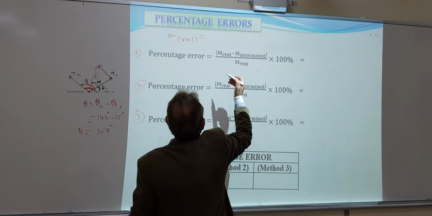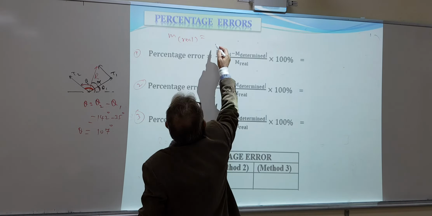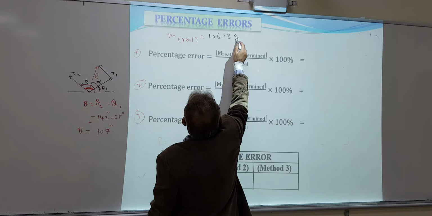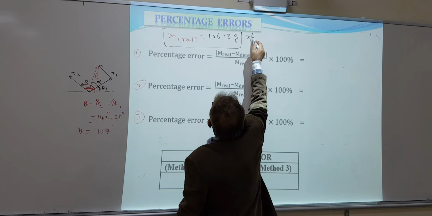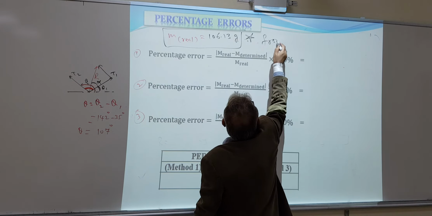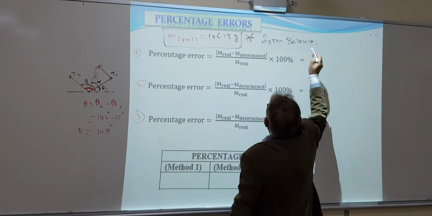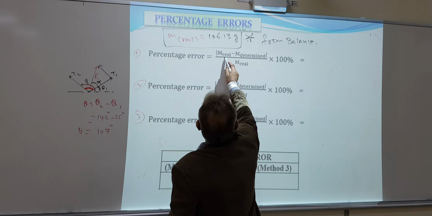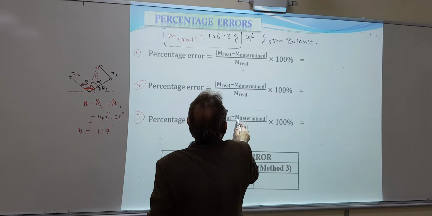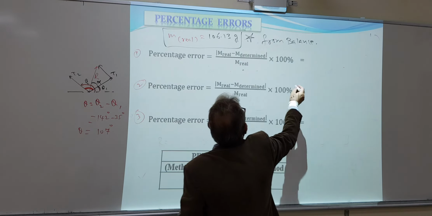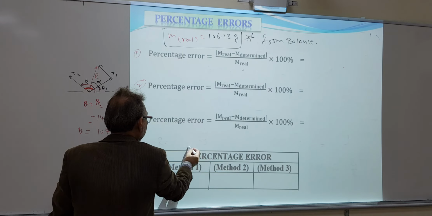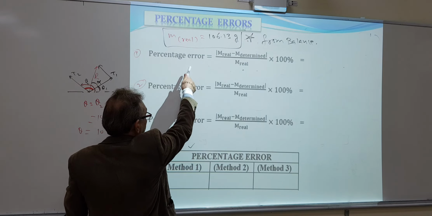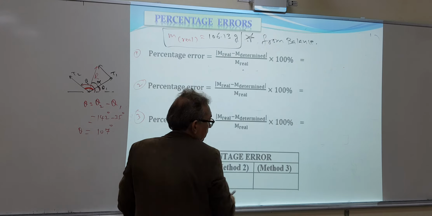For example, in the experiment, I have the real mass on the balance, 6.13 grams. This is from the balance. So this is real minus your experimental result, and you will be getting some percentage here. So the percentage error for method 1, comparing it with the real mass, what is the percentage error here? Then the second and third ones here.